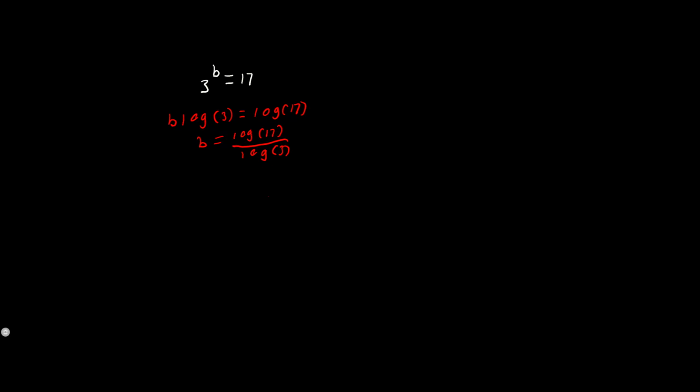And that could be a tedious step that you don't want to take. Rather, you want to go ahead and just take the log of the base that holds the variable as the exponent. So here we just see that it is 3, so we just take the log of 3.